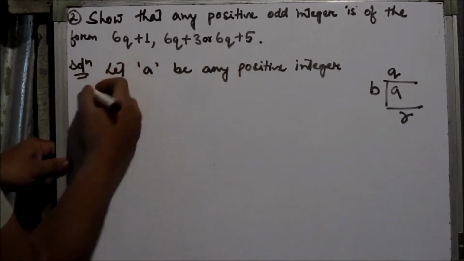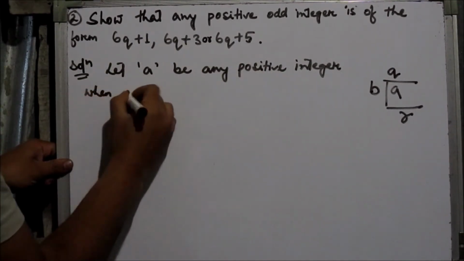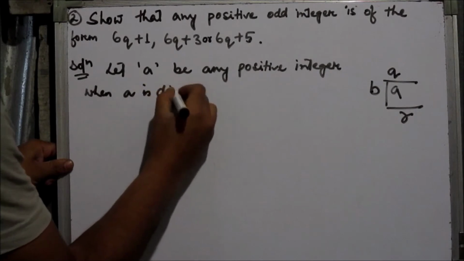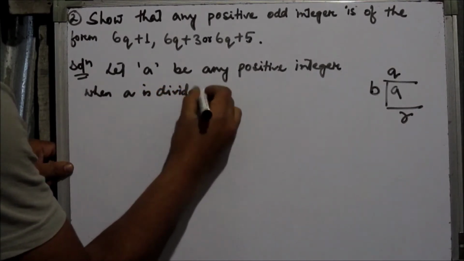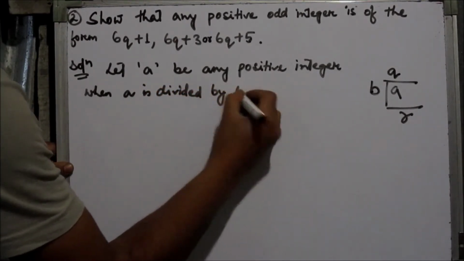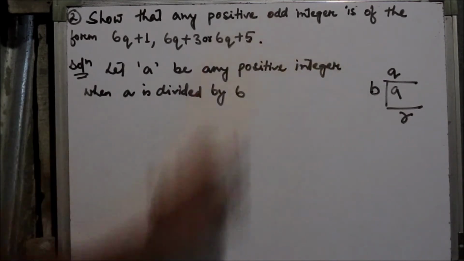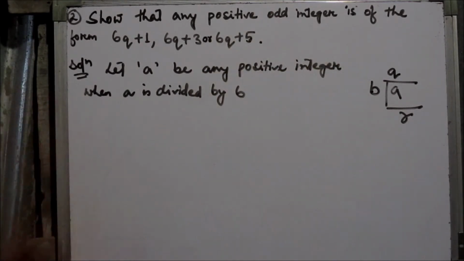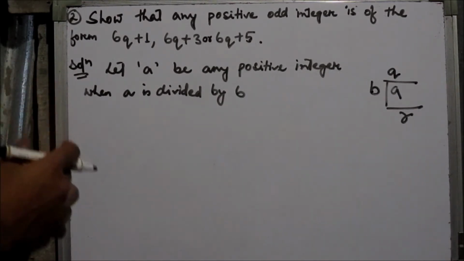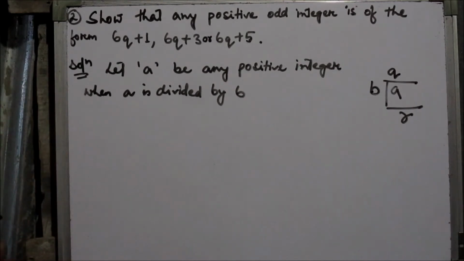So when a is divided by 6, what are the possible scenarios? We know that the remainder r cannot be greater than b. It should always be smaller than b by Euclid's division algorithm, for which you can check my previous videos.